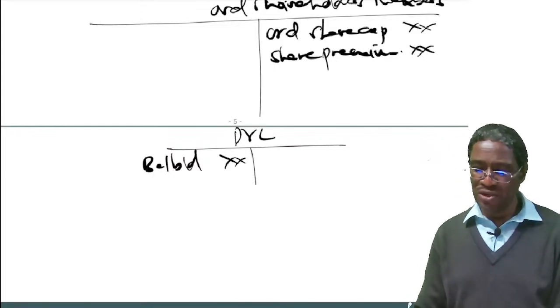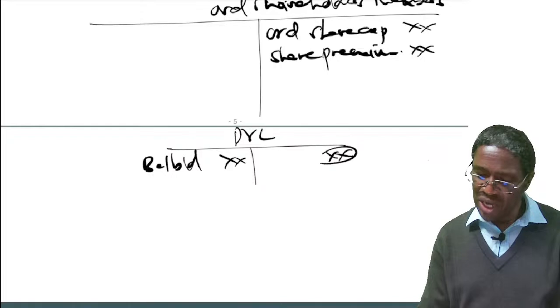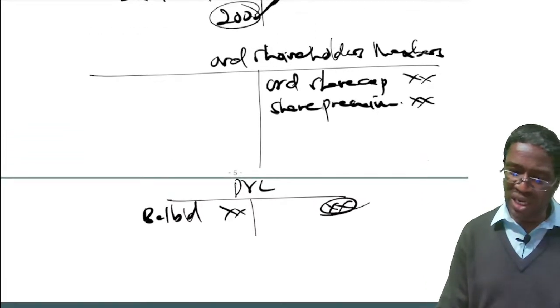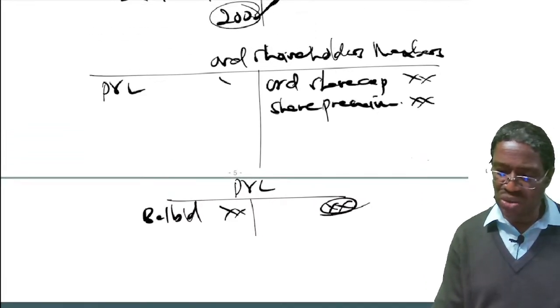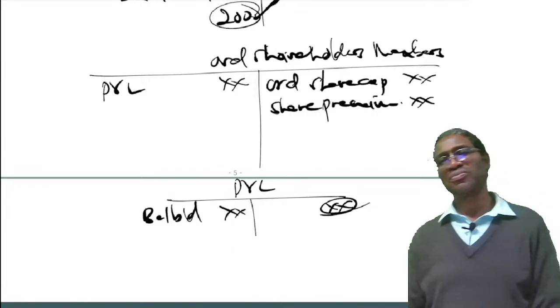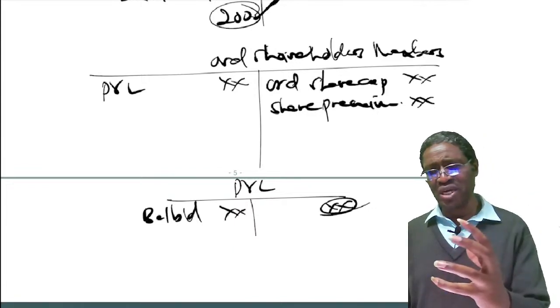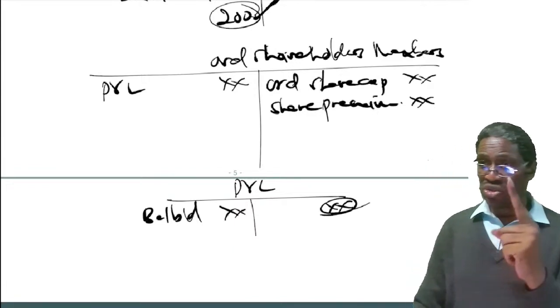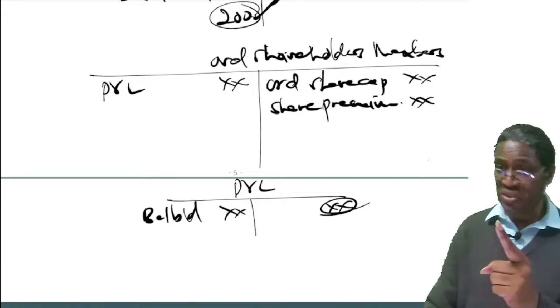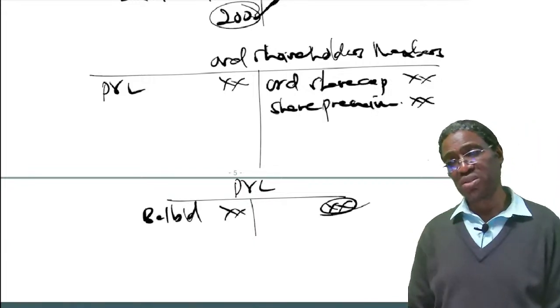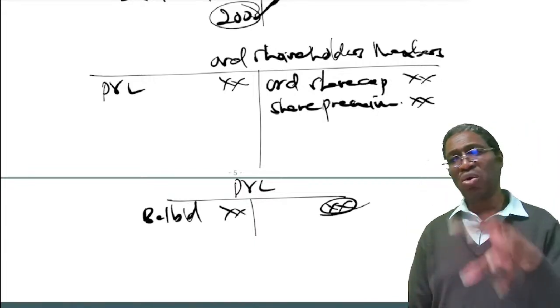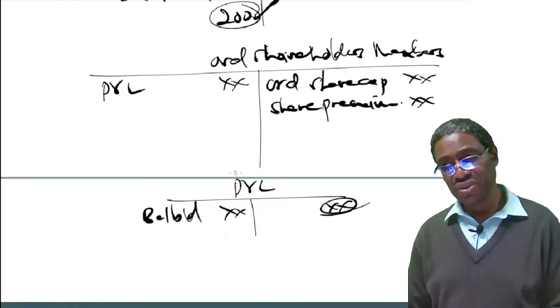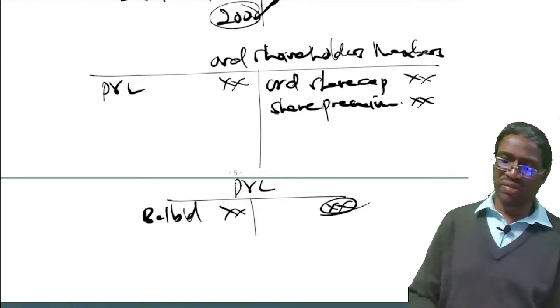So you will credit P&L account and you will debit the ordinary shareholders members account. Good. So that's our step number 8, which says transfer reserves to the ordinary shareholders members, whether positive reserve or negative reserve. Let me discuss number 9 first.